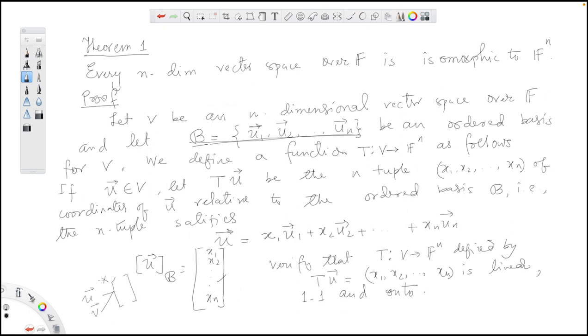It can never happen, which means that this map is one-to-one, and you need to prove that it's onto as well.